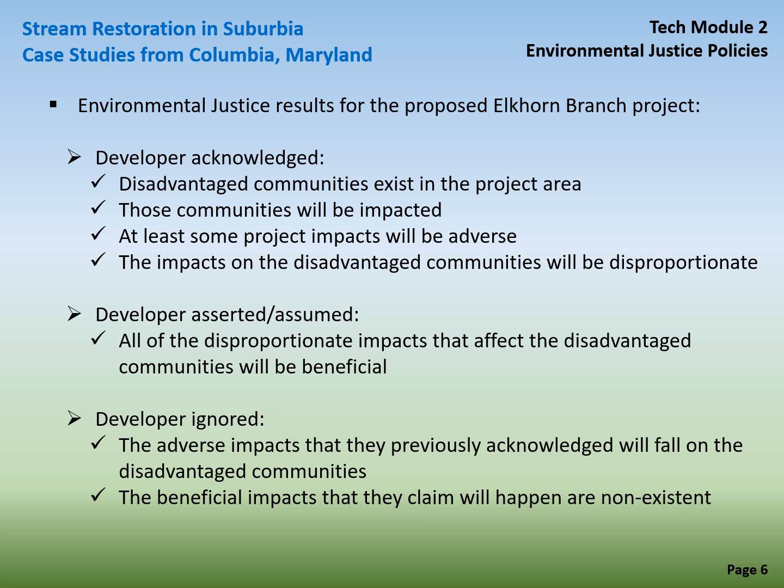They will say, well, yes, there's some disadvantaged communities, we're affecting them, but we're also affecting some other people, and overall, you can't really point that we're being disproportionate on one community or another. In the Elkhorn Branch application, they did the opposite. They actually agreed that the impacts on the disadvantaged communities would be disproportionate.